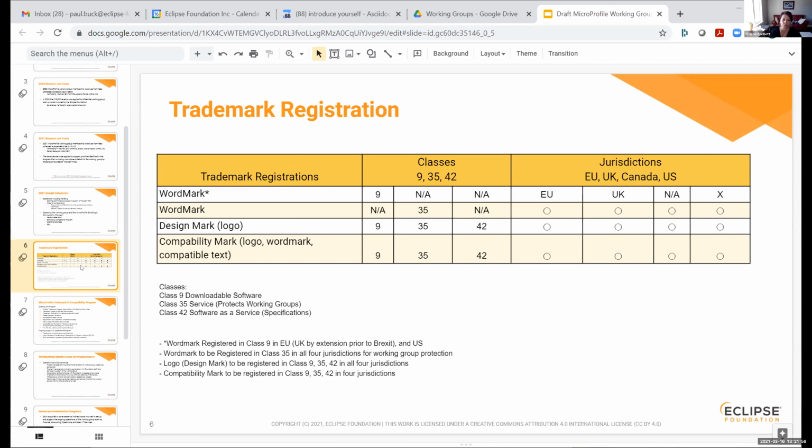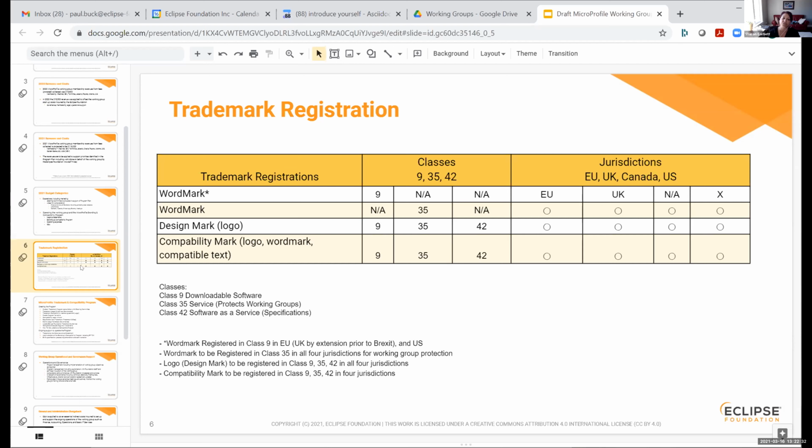Then we will also take the design mark and the compatibility mark, and we will register that in 9, 35, 42, again, across all 4 registrations. This is to protect the compatibility mark for the trademark and branding program, downloadable software, and of course the specifications. And what I would like to point out here is, because I know some of you are familiar with Jakarta, this approach of what I'm showing you here is now the standard that the Eclipse Foundation is providing generally to working groups who are creating specifications.